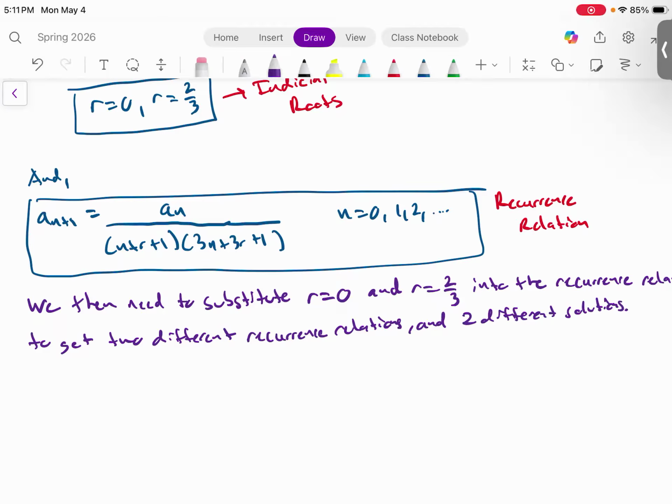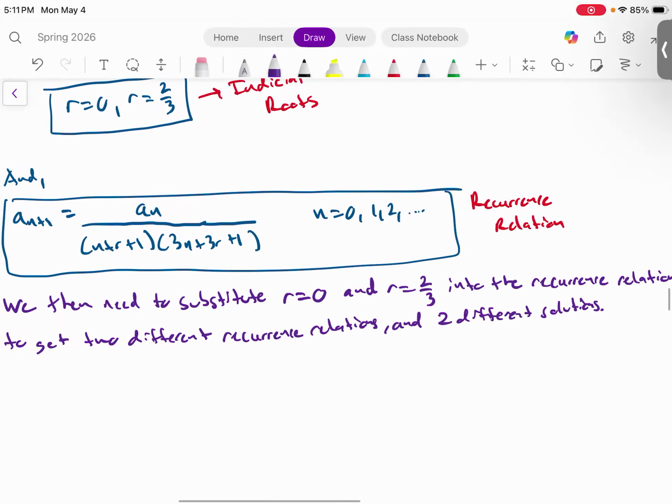Okay, so that's the goal. That's where we're getting our two solutions from. So let's go ahead and get started with that.